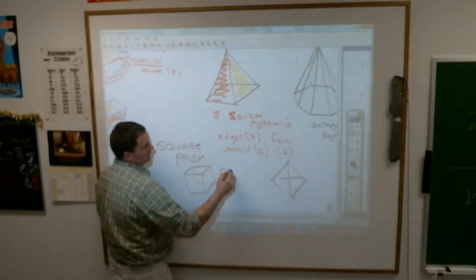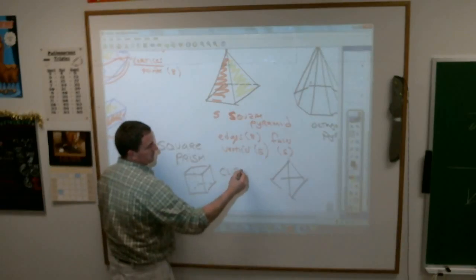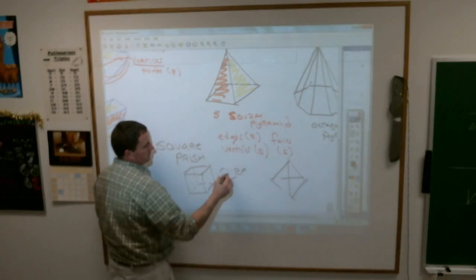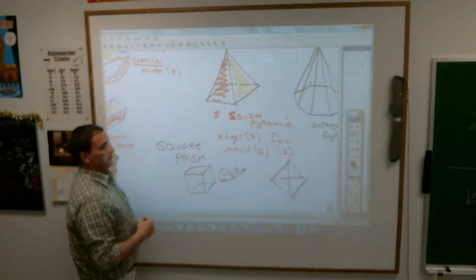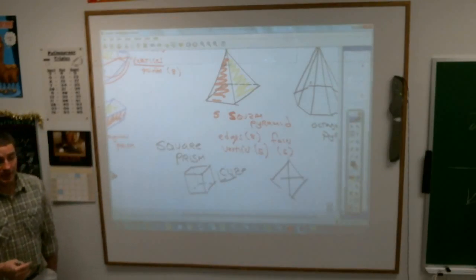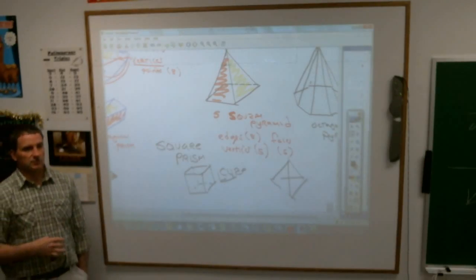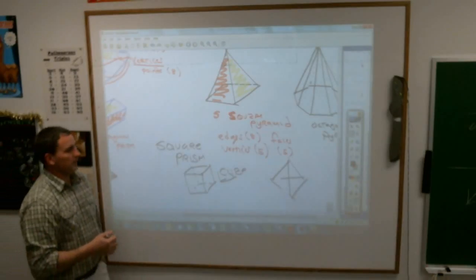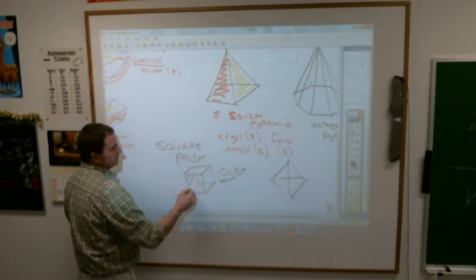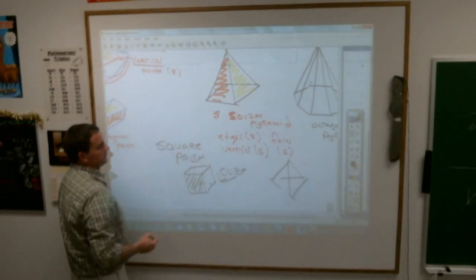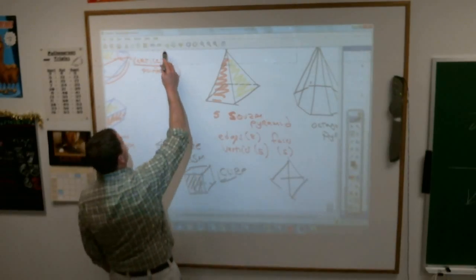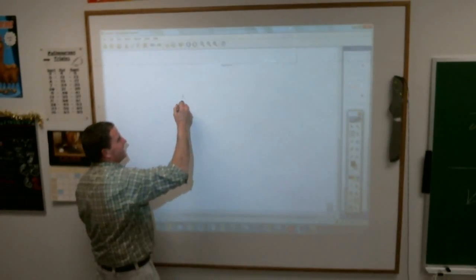Cube. It is a cube. So the thing you have to remember is that if they tell you that a cube has this or that, you have to know that every side is completely equal. It's completely square.